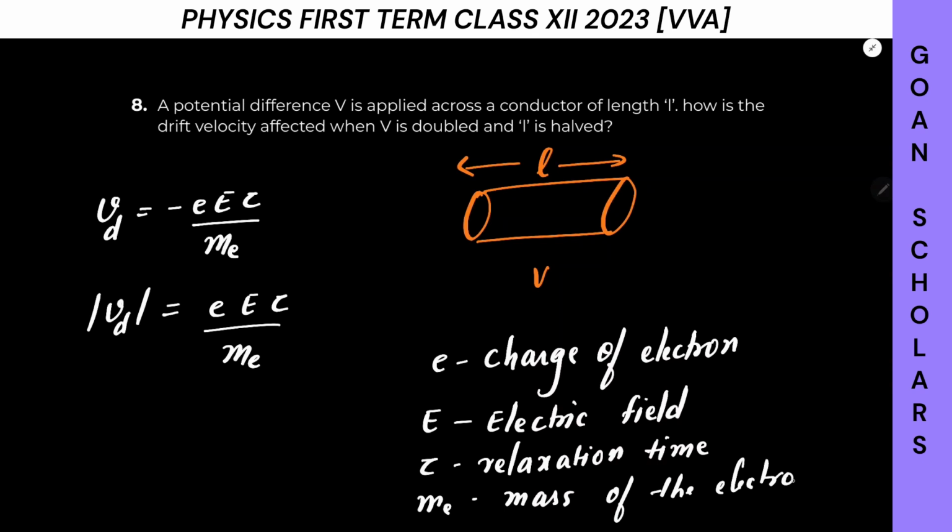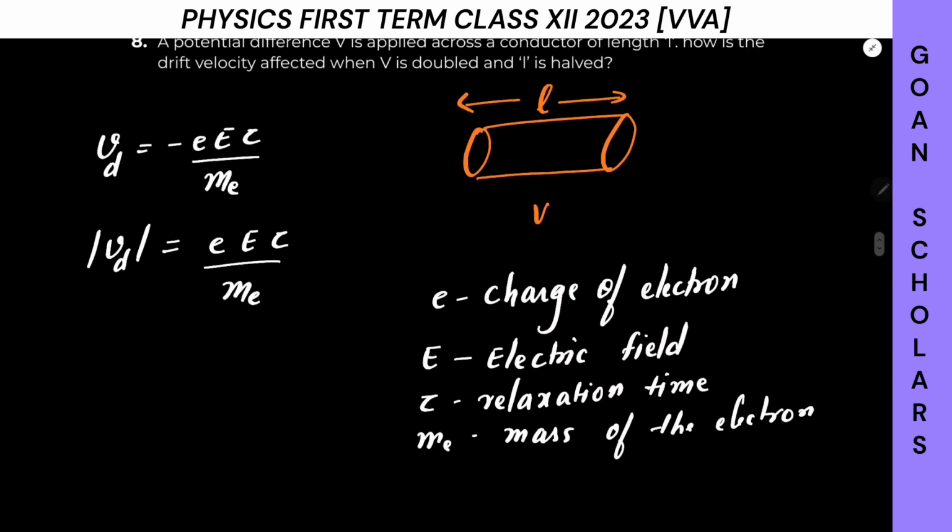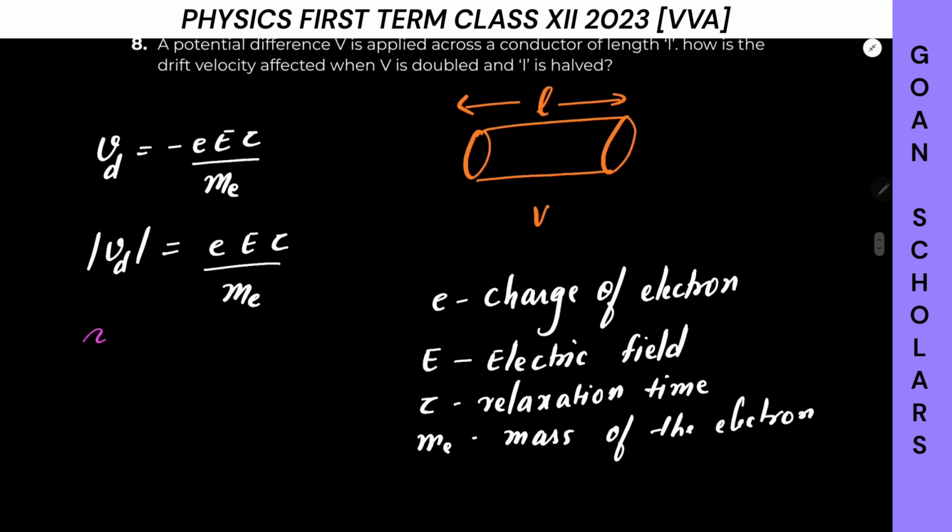Now the question is saying what is changed? Our potential V is doubled and L is halved. When you double the potential and change the length, which of these 4 variables will be affected? The electric field. How? We know that electric field E into L is equal to V. Electric field into length of the conductor is potential.